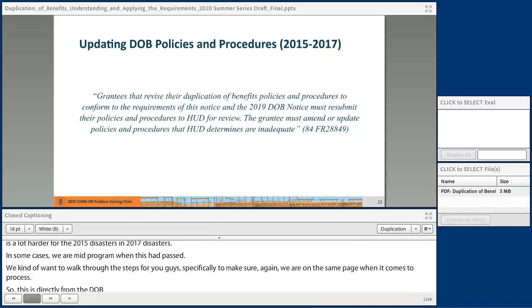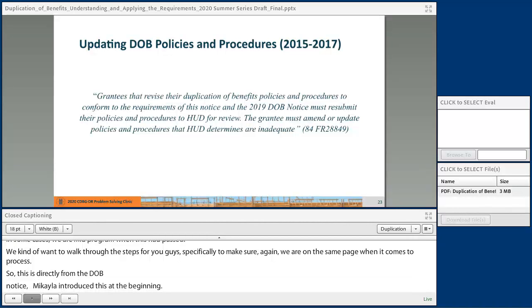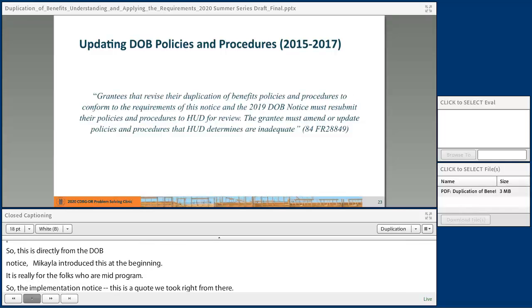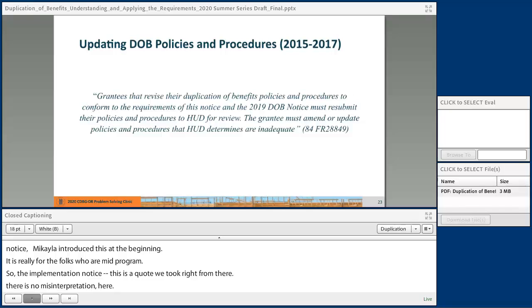So the implementation notice says, and this is a quote, we just took it right from there, so there's no misinterpretation here: Grantees that revise their duplication of benefits policies and procedures to conform to the requirements of this notice and the 2019 DOB notice must resubmit their policies and procedures to HUD for review. The grantee must amend or update policies and procedures that HUD determines are inadequate. So what does that mean?